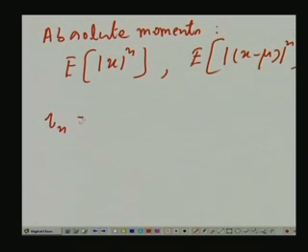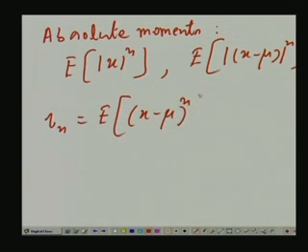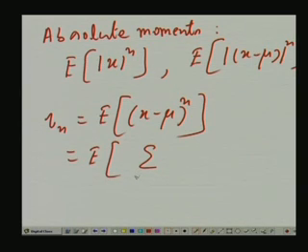Say first you see what is V n. V n we have said is nothing but E of x minus mu whole to the power n. Now, this is a binomial, you can expand it in a binomial series, and then it becomes n c k.